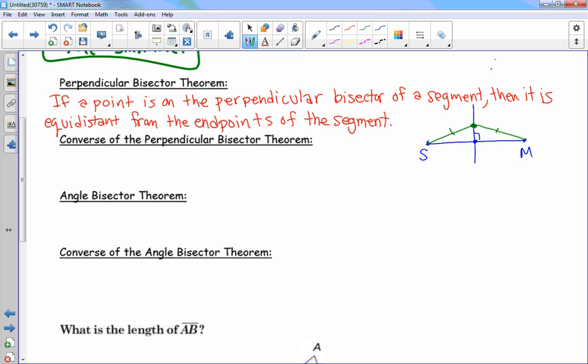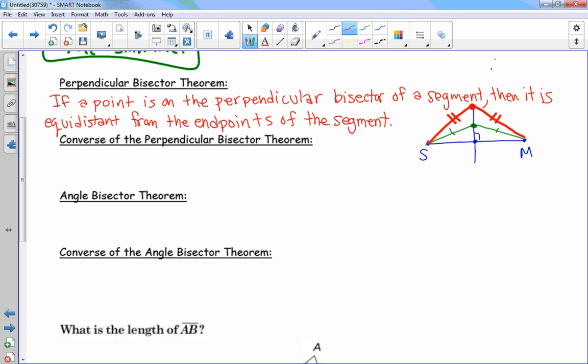But if I take the point way up here, as long as it's on my perpendicular bisector, and connect it down to S, and connect it over to M, this length would be congruent to this length. That's what the theorem is saying. No matter what point you take on a perpendicular bisector, it creates congruent lengths connecting you down to the endpoints of the segment. The converse is the complete reverse of this.